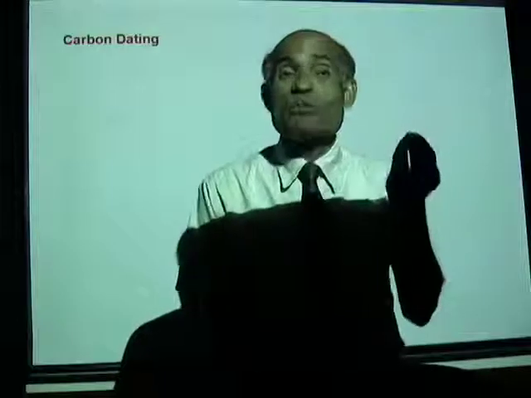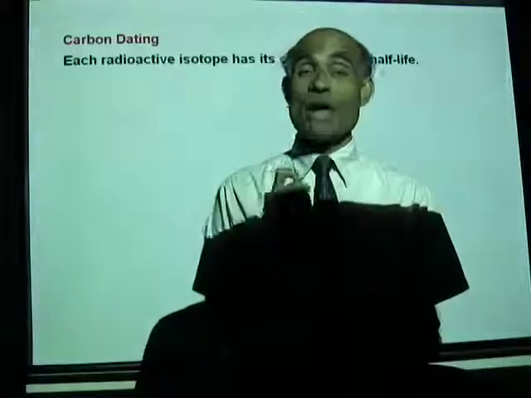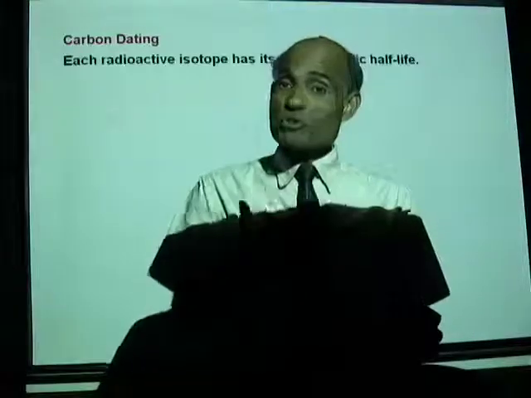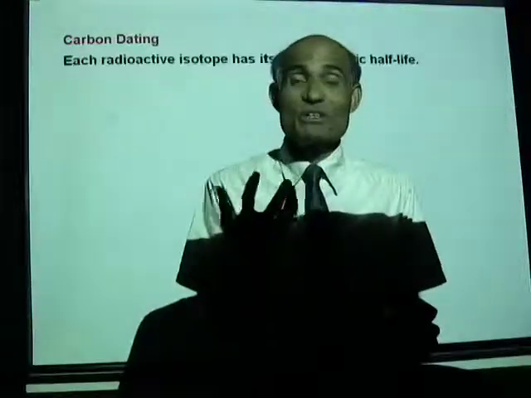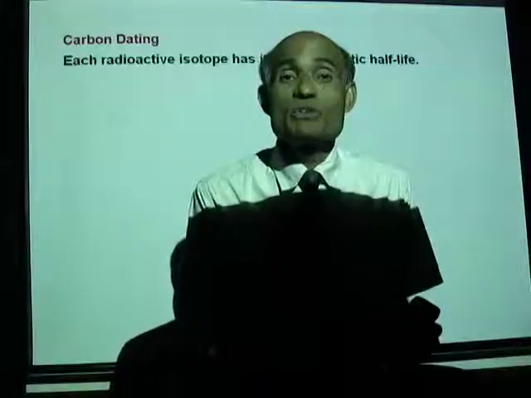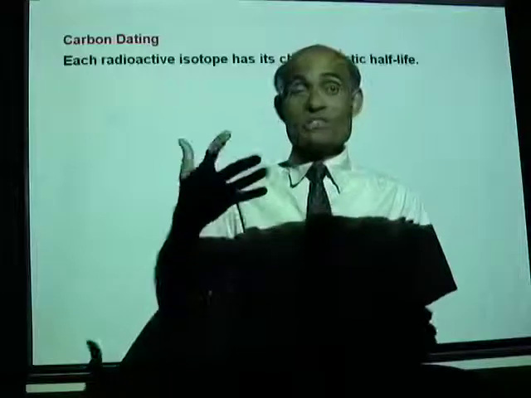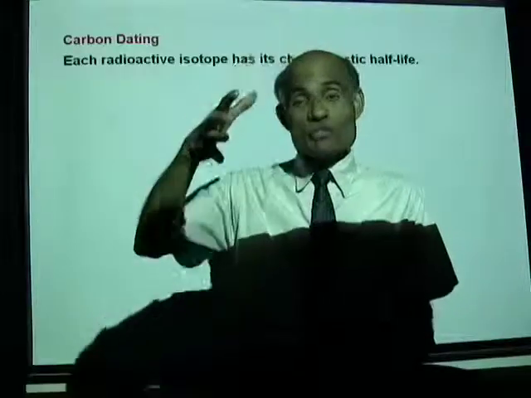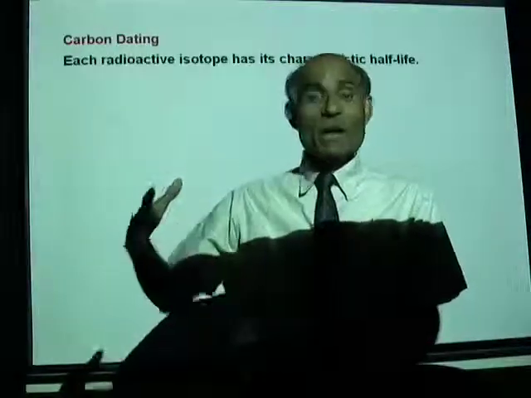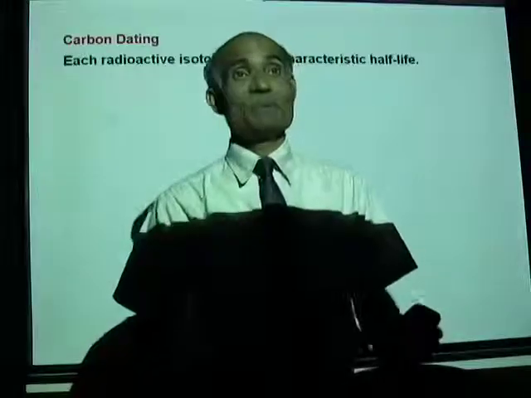Now, the ratio of carbon-14 to carbon-12 in a living organism remains stable as long as you live. But when you die, the amount of carbon-12, which is not radioactive, in your body will remain the same. But carbon-14, since it is radioactive, will disintegrate steadily, becoming nitrogen.